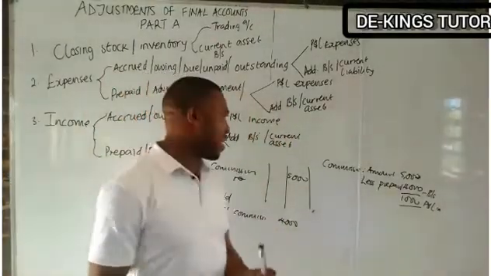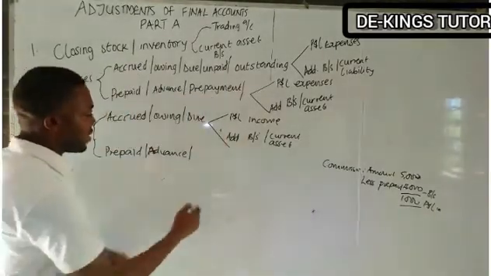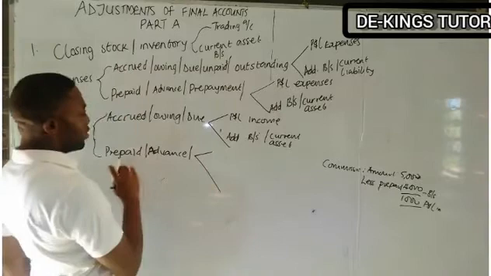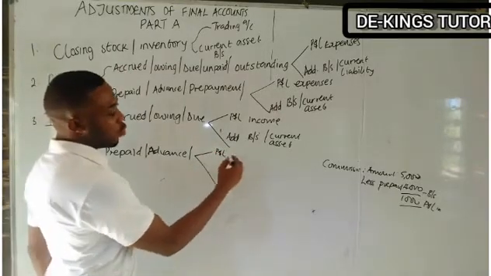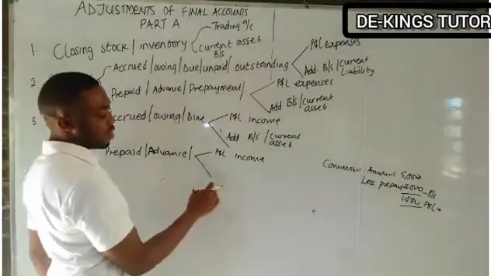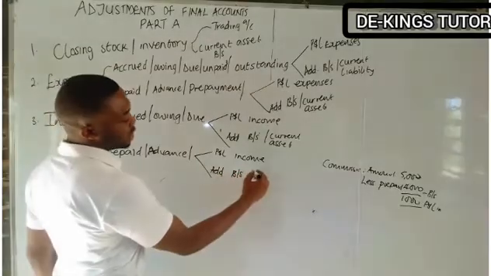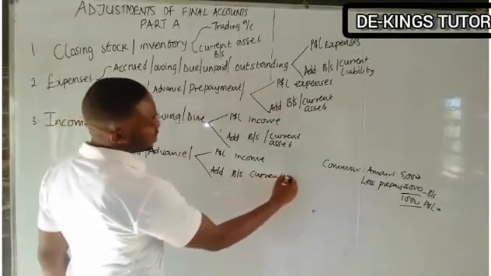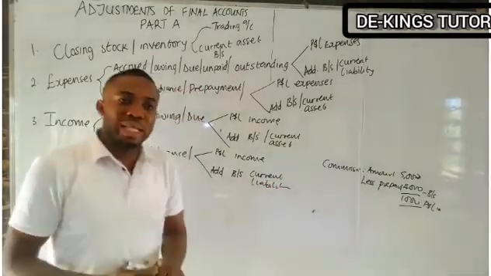So, to represent that here, for the prepaid, the amount that was calculated will go to the profit or loss as income after you've deducted it, while the one in the additional information will go to the balance sheet under current liability. Okay, so that is how to treat this.